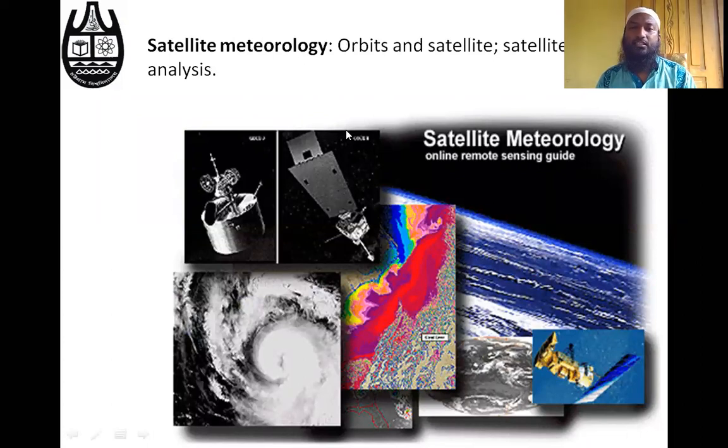Satellite meteorology. Most of you are already aware of satellites nowadays, and we mostly relate satellites with communication, but satellites can also be used for meteorological aspects. That means we can get images from the satellites which can also show meteorological phenomena, that means atmospheric phenomena.